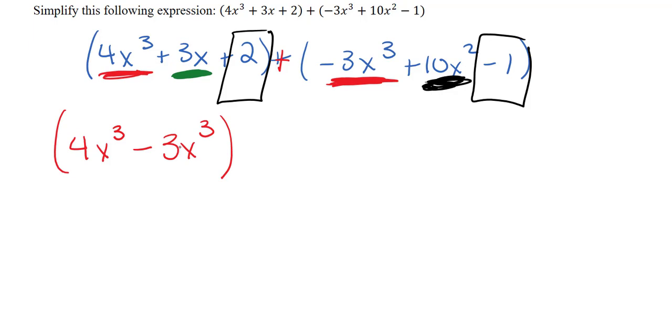Now let's keep going. Let's do the 10x squared next. So we have plus 10x squared. Then there's nothing to add with it, so we'll just leave it as is.